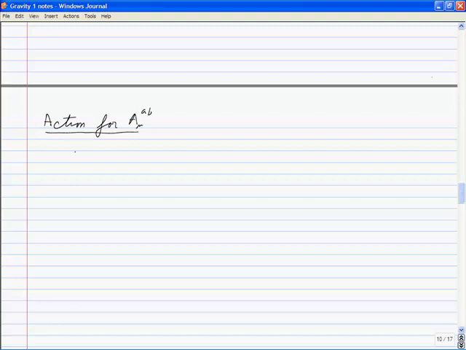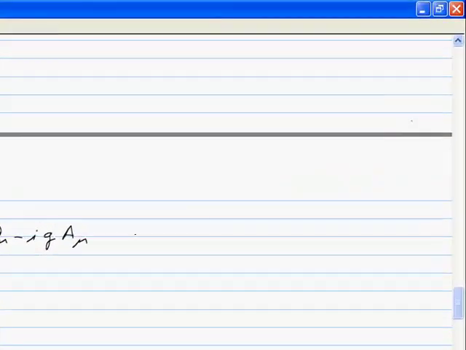Okay, let's just recall how we did it for gauge theories. So in Yang-Mills, we had D_mu, which was d_mu minus i g A_mu. A_mu would be, for SU(2), let's say, tau^i A^i over 2.